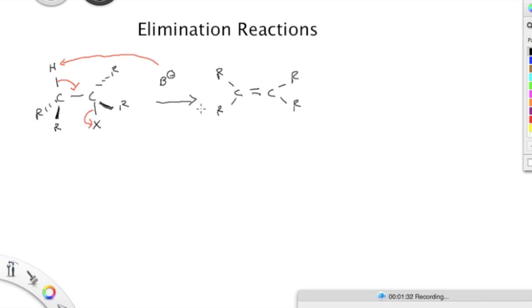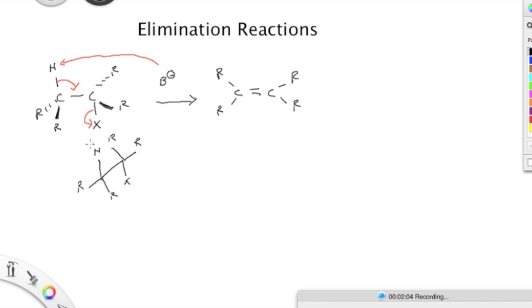But one of the things that you should note is if you were to look at this and draw this in a sawhorse type configuration, what you can see is that here you have your R groups, hydrogen, X, and our other two R groups that are right here.